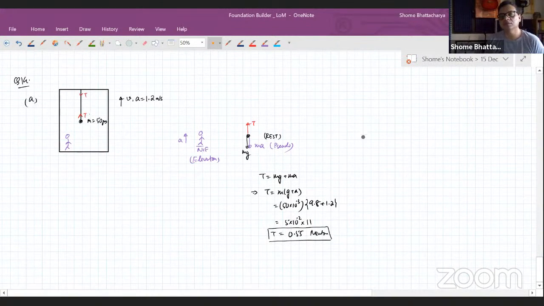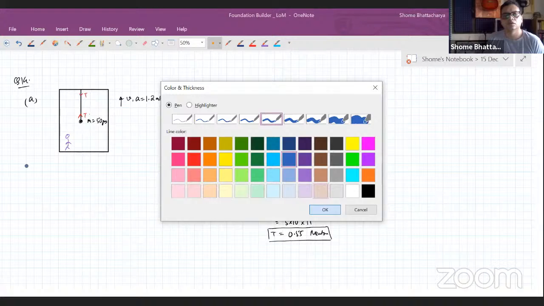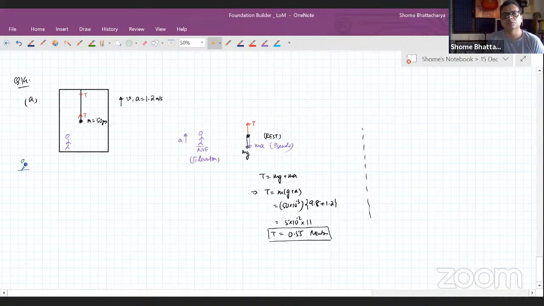Now you can also solve this in the ground frame. If you solve this for another observer who's on the ground, with respect to this ground frame observer, the frame fixed to the ground is inertial. Obviously there's no pseudo force on the bob, but he will see the bob going up with an acceleration a.